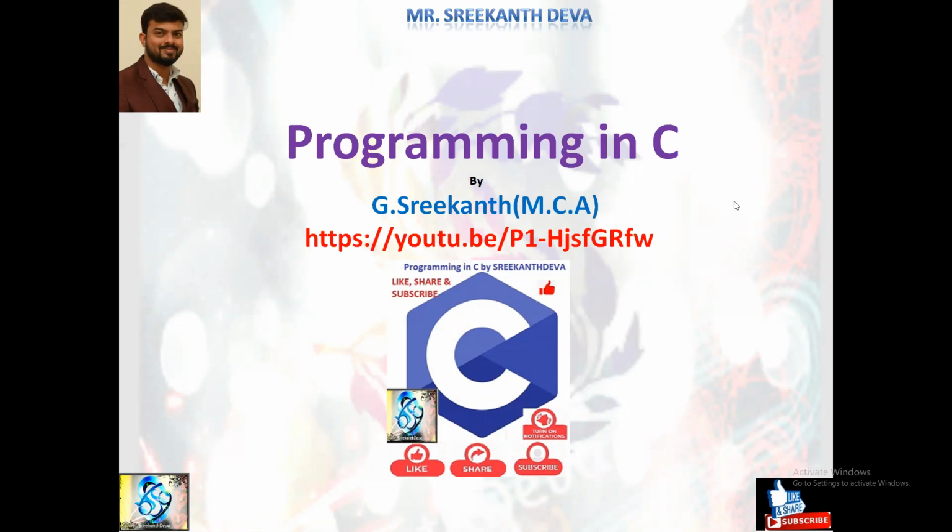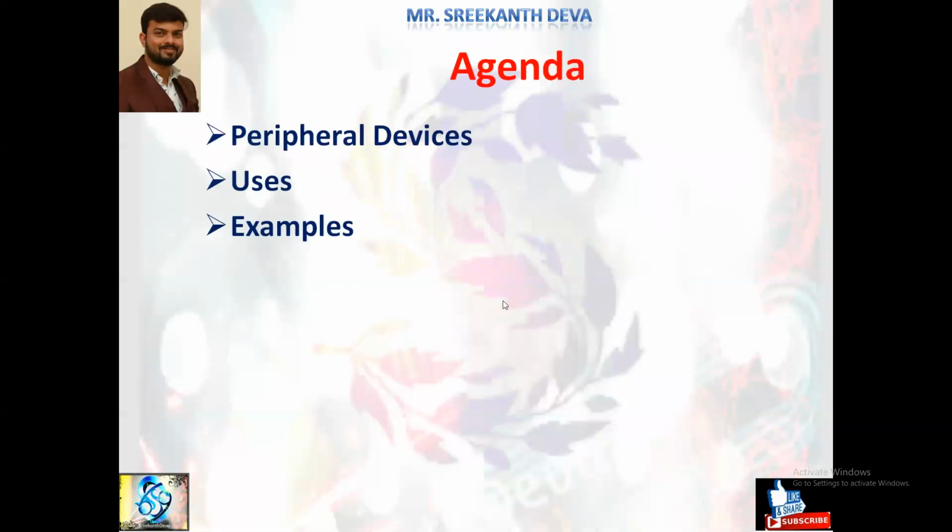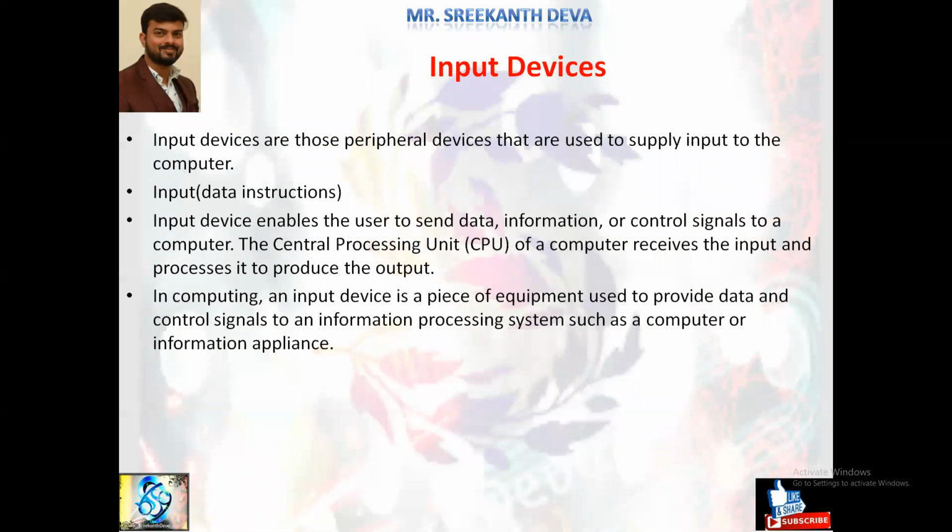Okay, so coming to this session, we are discussing peripheral devices, their uses and relevant examples. What are the various peripheral devices for a computer? We'll discuss each with examples. A peripheral device is a device attached to a host computer in order to expand its capabilities.